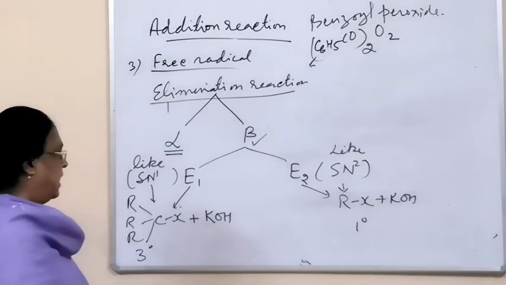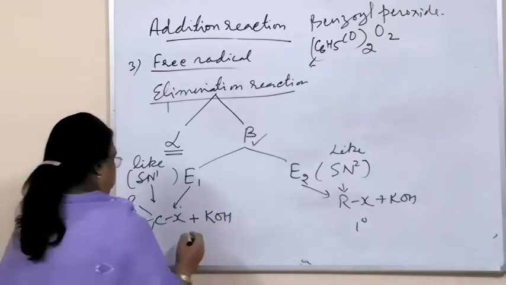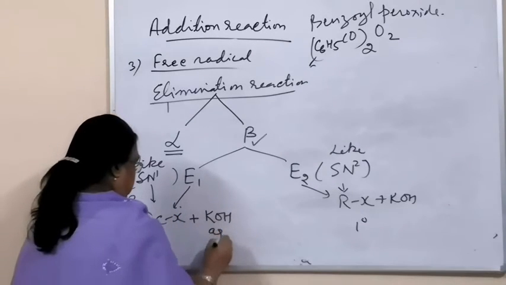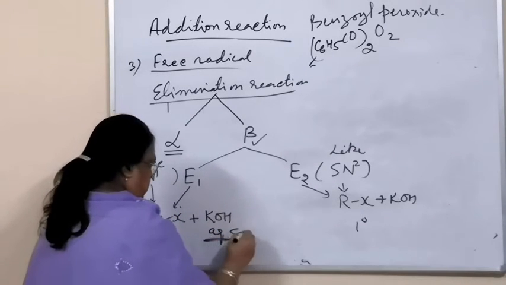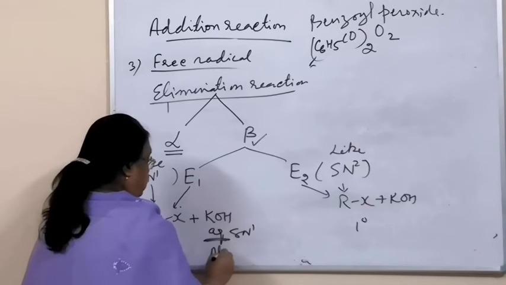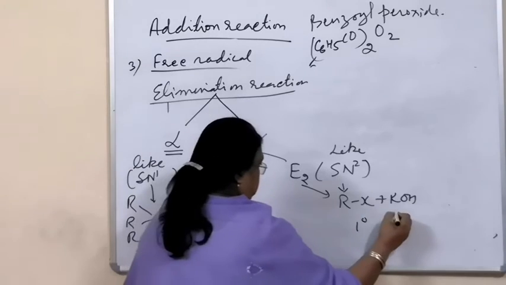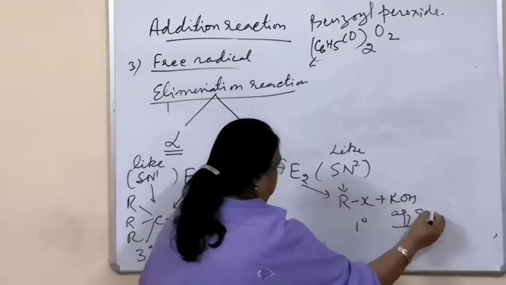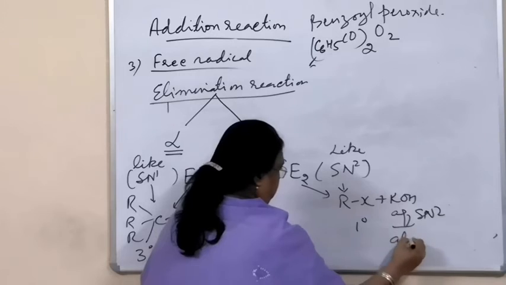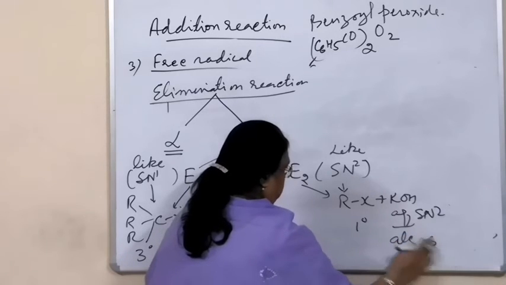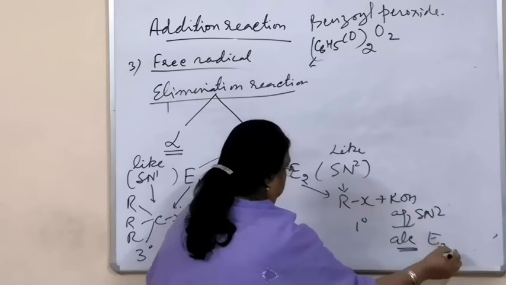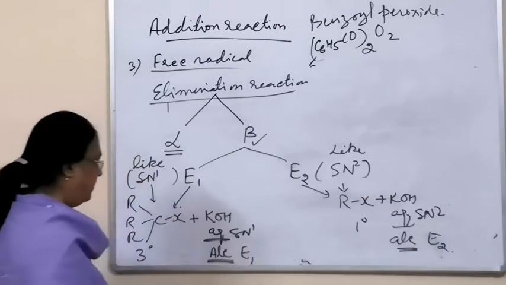That is the similarity. But what is the difference? In case of SN1, this is aqueous. If it is aqueous, it is SN1. But when it is alcoholic, it is E1. Here, if it is aqueous, then SN2. And when it is alcoholic, then it is E2. So this is the difference, you remember?